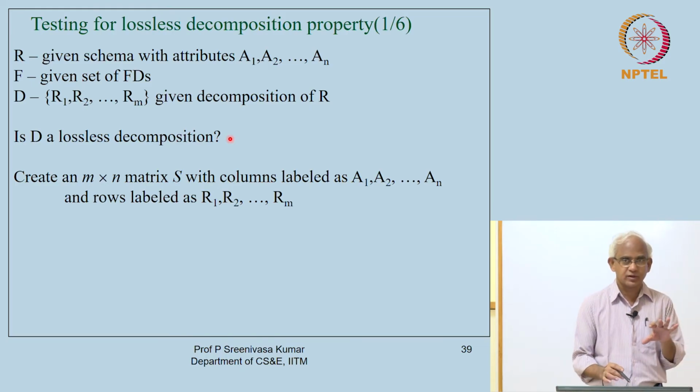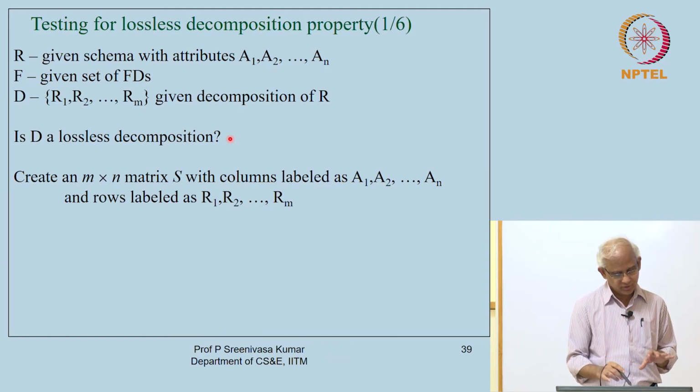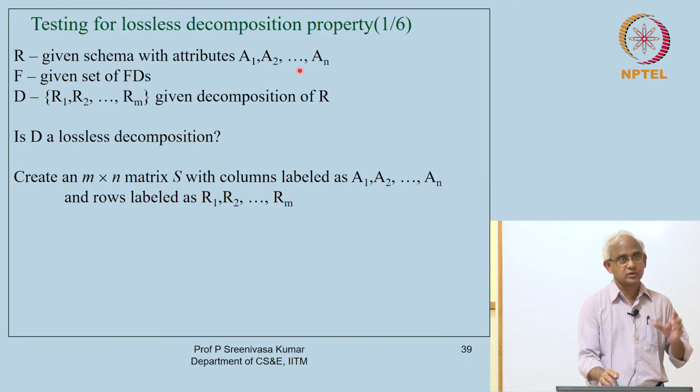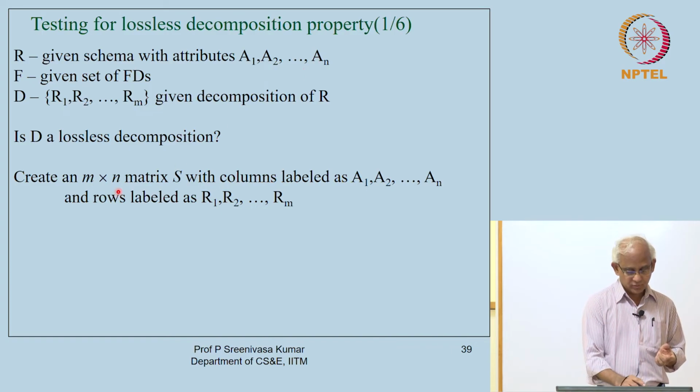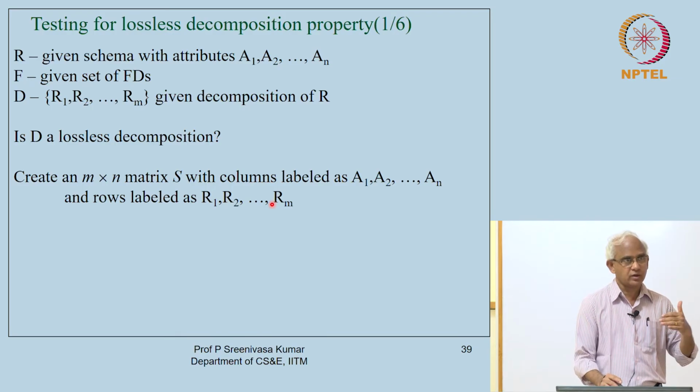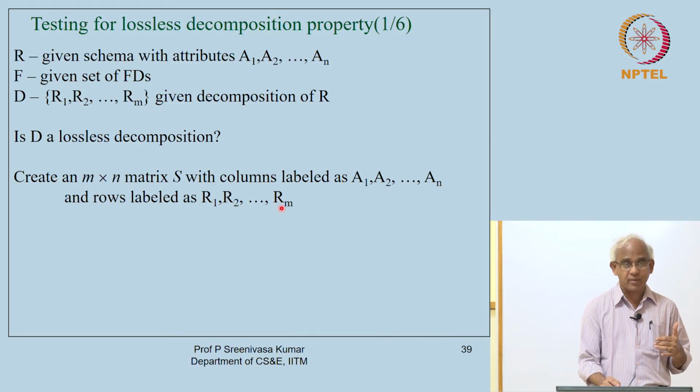This algorithm works on a small matrix. Actually, we create an m by n matrix where m is the number of components that are there in the decomposition and n is the total number of attributes that are present in the original scheme. We create an m by n matrix called S, and the column names are all these attributes A1 through AN, and the rows are labeled by these relations R1, R2, Rm, the components of the decomposition.